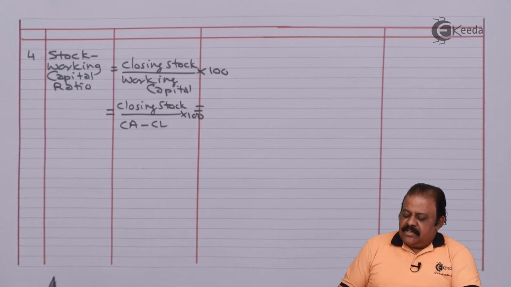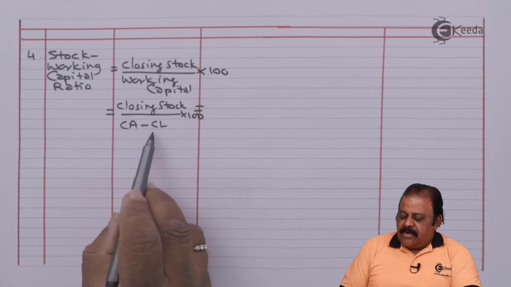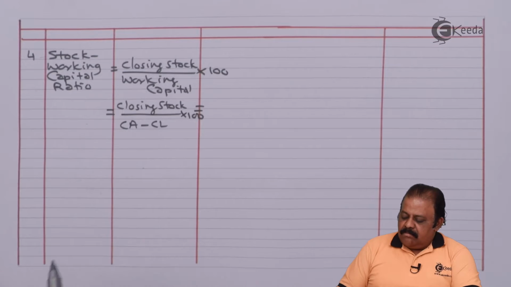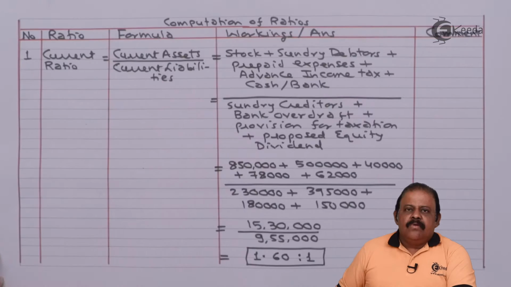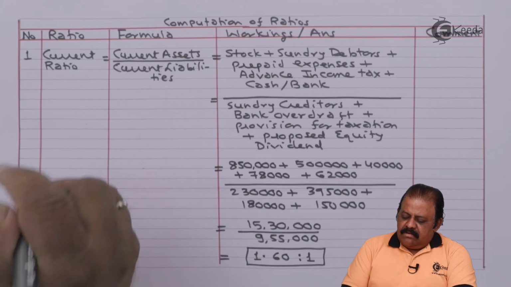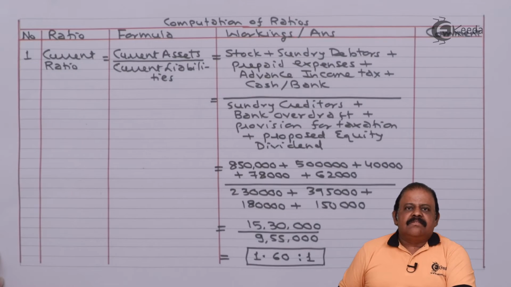Working capital means current assets minus current liabilities. We had calculated current assets and current liabilities while calculating current ratio.